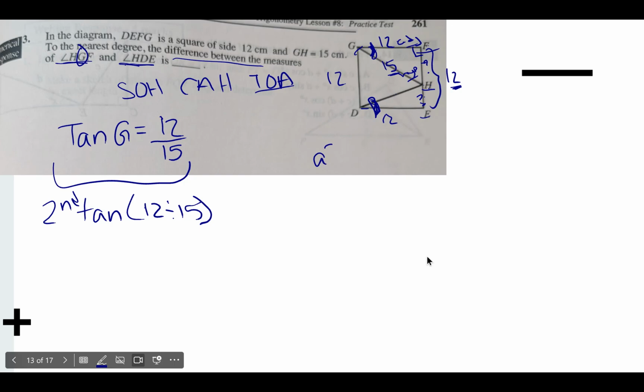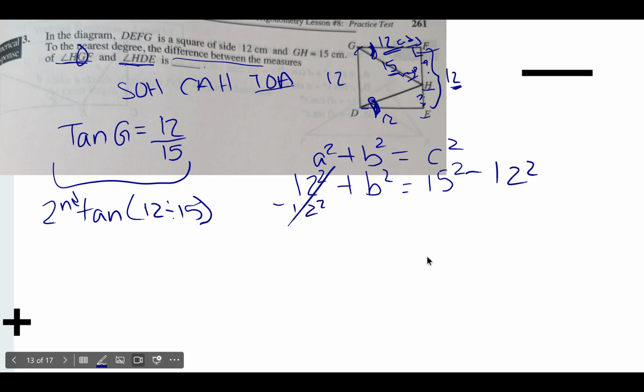So we know a squared plus b squared equals c squared. Your longest side is 15 squared. This 12 could go in for either a or b. So let's do that. And in your calculator, take a moment and solve for b. So we'd move that 12 squared to the other side. So we'd have 15 to the power of 2 minus 12 to the power of 2.